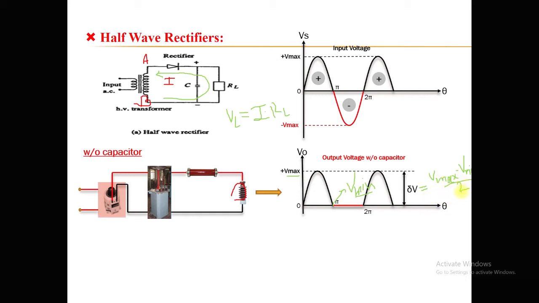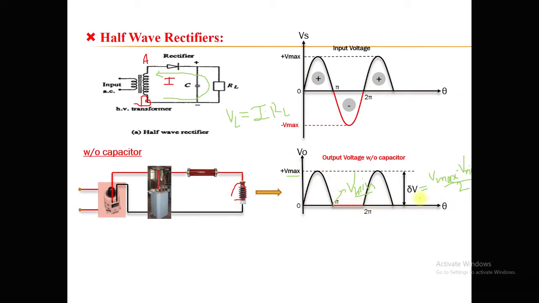So you can see that a tremendous value of ripple voltage is present, which may create errors during the investigation or study of insulation performance or insulation behavior under the application of high voltage DC.